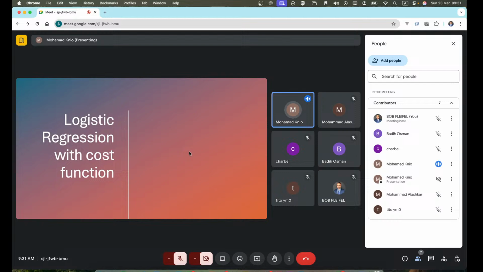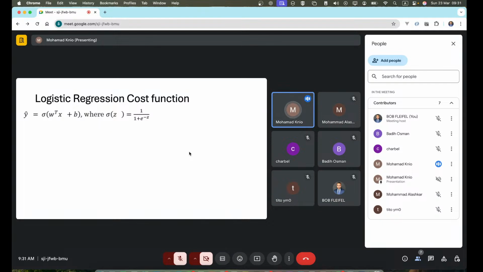So like we saw earlier, the W transpose X plus B, since we know it's a logistic regression, we put the sigmoid. If it's not a logistic regression, if it's linear, we would not need this sigmoid function. So let us go there.